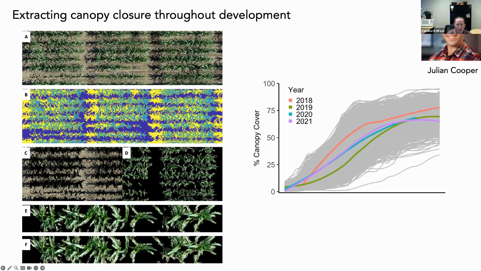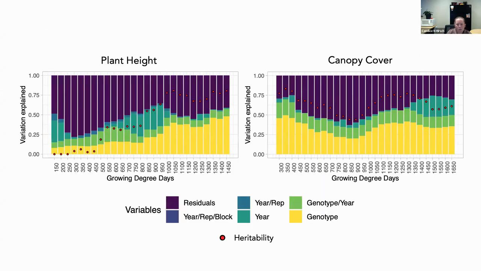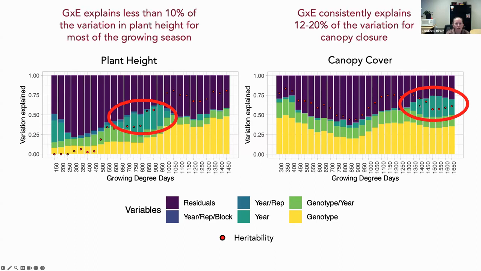And he fit curves again. And without going into the details of this complicated plot here, what I want to show you is that the times in development where year and year have an effect is quite different between these. So earlier in the season in plant height, a little later in canopy cover.